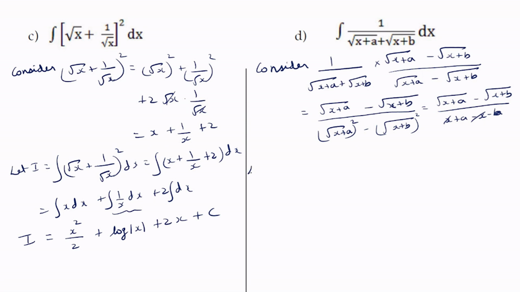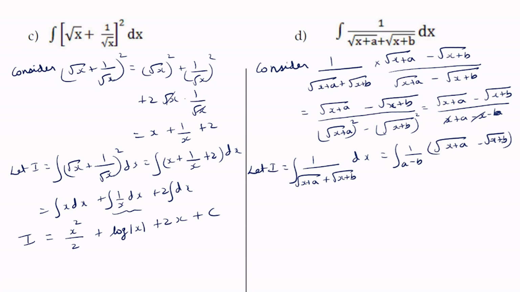So let us take, let I is equal to integral 1 by root of x plus a plus root of x plus b dx. So this is equal to integral 1 by a minus b into root of x plus a minus root of x plus b dx.